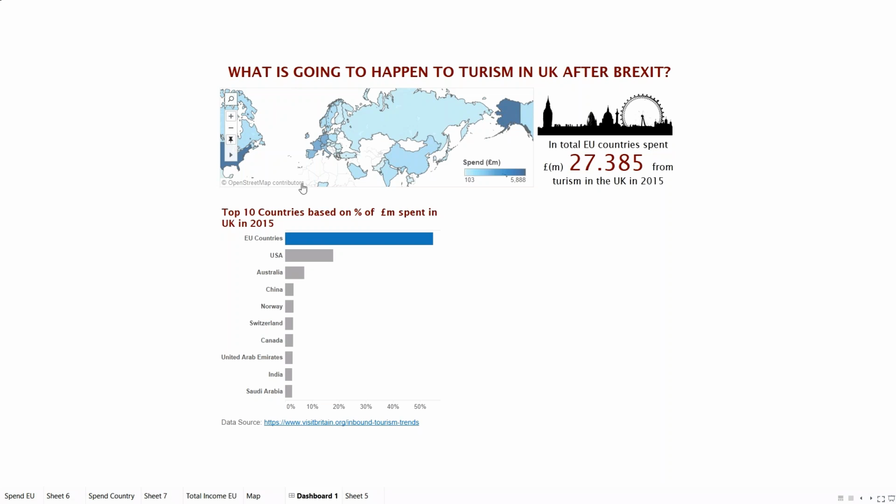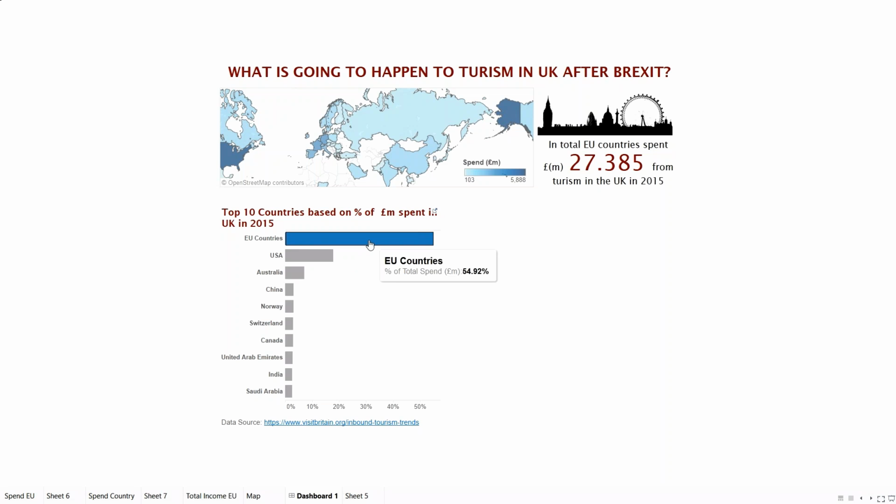We can see the United States as a single country is the main contributor. But what I did is I grouped the EU countries into a single group, as you can see in the bar chart. And as a group, the EU countries represent 54.9% of the total tourism in terms of money spent in the UK.